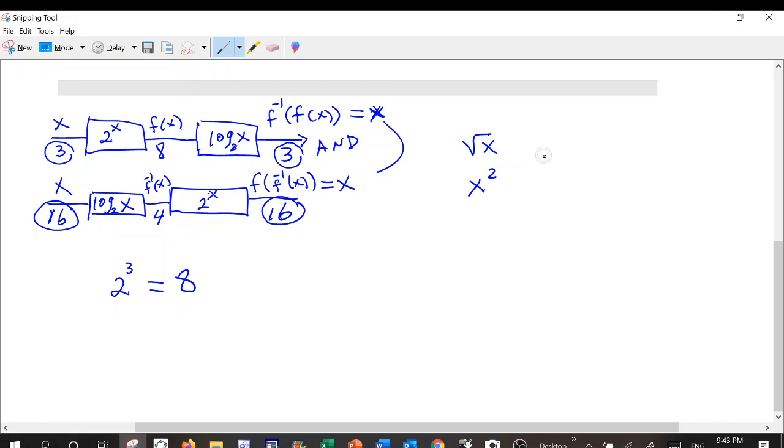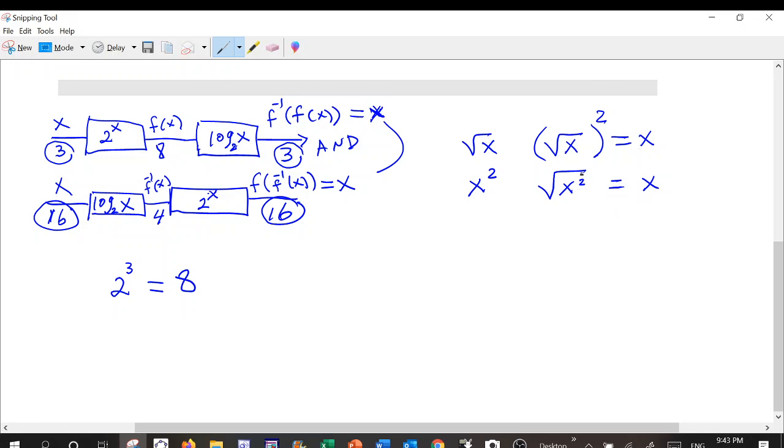So what happens if I have a square root of x, then I raise it to the second power? Well, I get x, right? And if x is positive, and I take the square root of x squared, I also get x, right? I say x is positive, right?